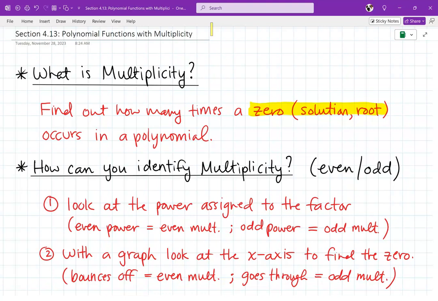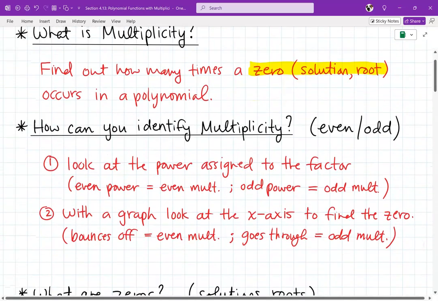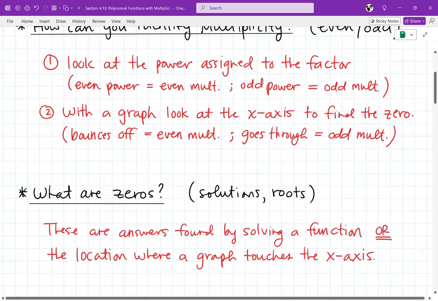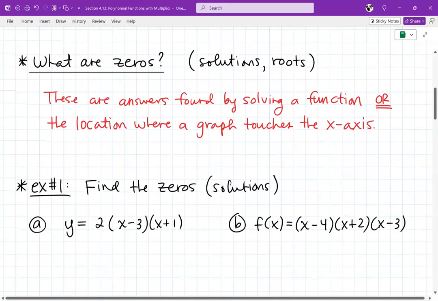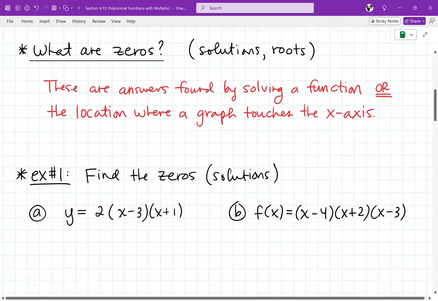If it's bouncing off, it's even. If it's going through, it's odd. For factors, an even power means even multiplicity, and an odd power means odd multiplicity. Let me show you one more thing, and then we'll get to the problems. I'm going to pause it so you can write this down.